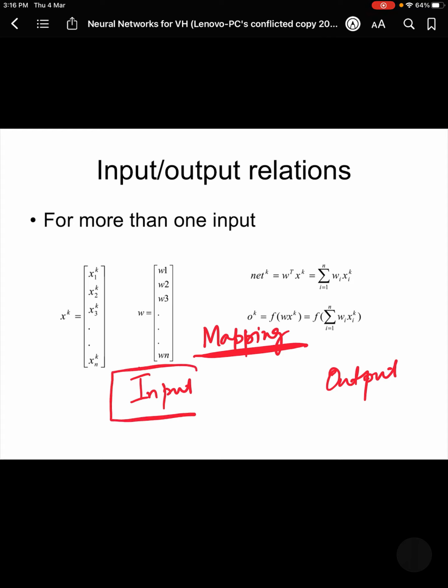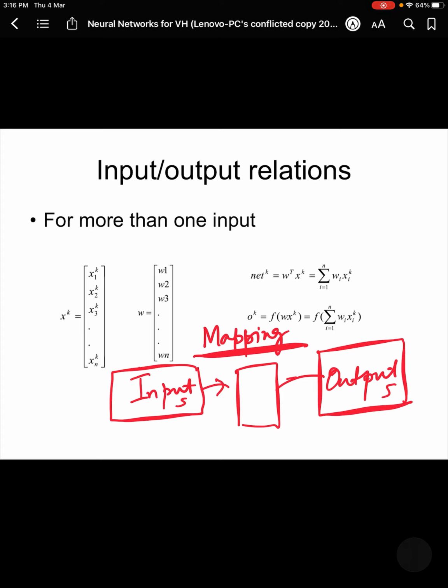Basically, we have a space having inputs and a space having outputs, and there is a network in between which maps this input to this output. So this is sometimes called mapping of input to output, and it is basically the work of a neural network.